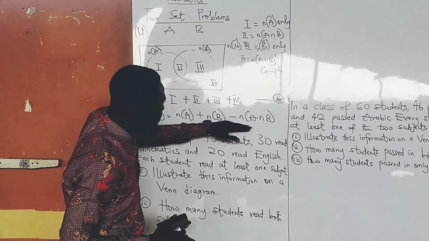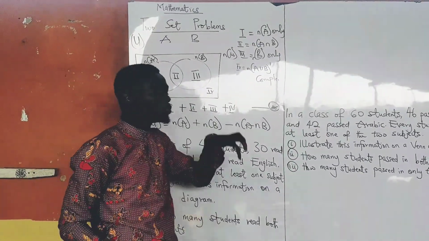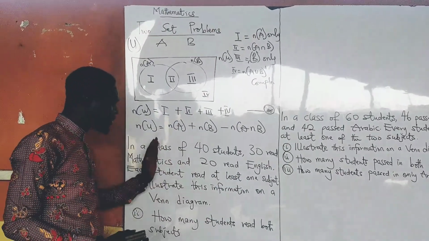If you want to use this approach, you can. But let us use and understand this approach to be able to identify the only, the complement and the rest. So let's take the first example.